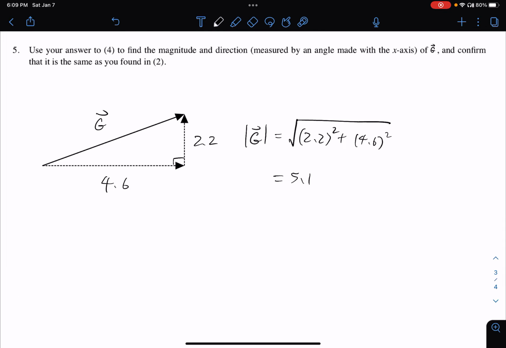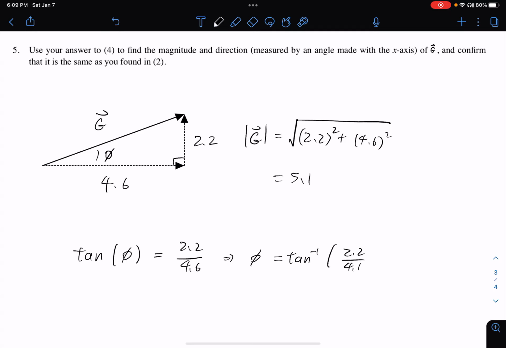And we can check the angle over here by using the tangent value of this angle. Let's call it phi. The tangent of phi should be 2.2 divided by 4.6. So we can get this angle by taking the arctangent of this ratio.